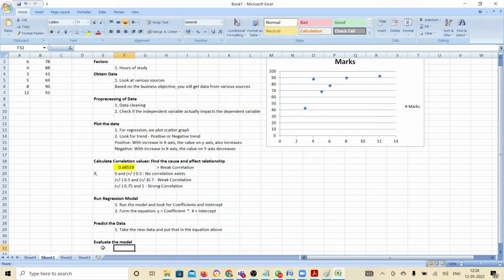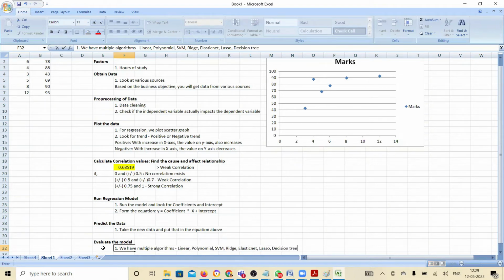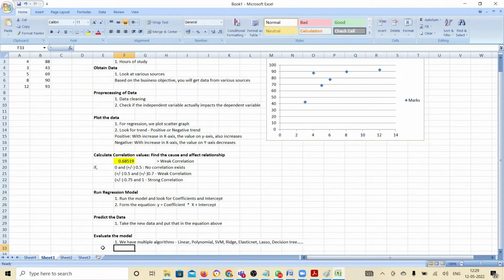We have multiple algorithms, like linear, polynomial, SVM, ridge, lasso, elastic net, decision tree, and many, many more. So how do we know which model is best?